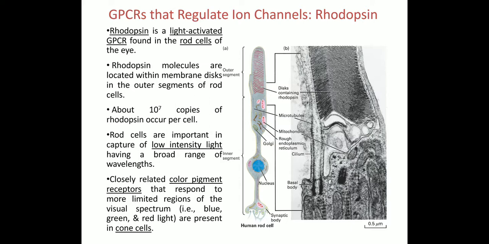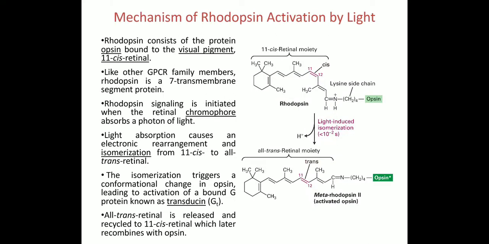After light absorption, conformational changes occur in the receptor, resulting in a form in which opsin is covalently bound to all-trans retinal, called metarhodopsin 2 or activated opsin. Analogous to other G protein coupled receptors, the light activated form of rhodopsin interacts with and activates the associated G protein, that is GT.